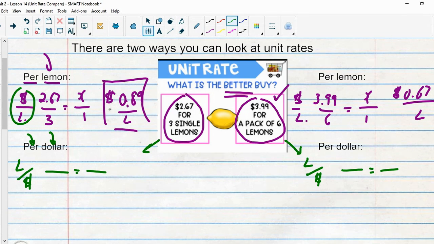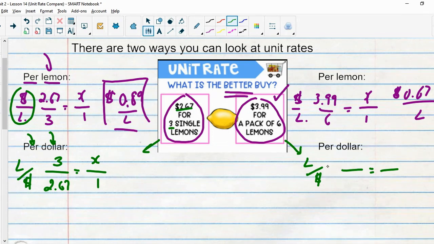Instead of putting the money on the top, I'm going to put the lemons on the top. So 3 lemons, $2.67, and then X over $1. In other words, the thinking goes something like this: if I only have a single dollar, how many lemons, or how much of a lemon, can I get?